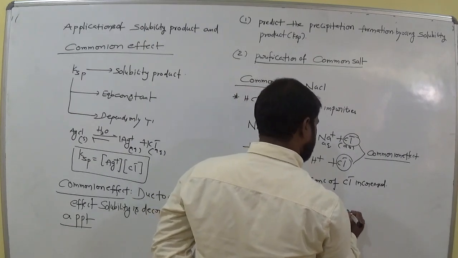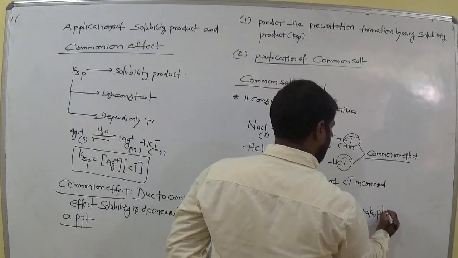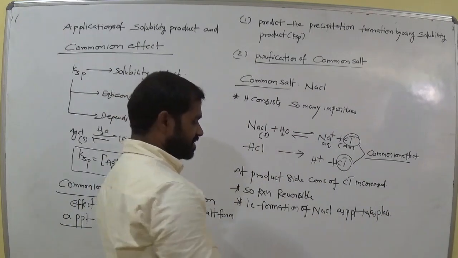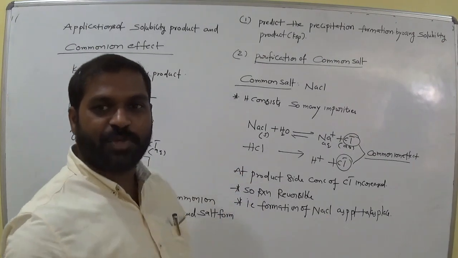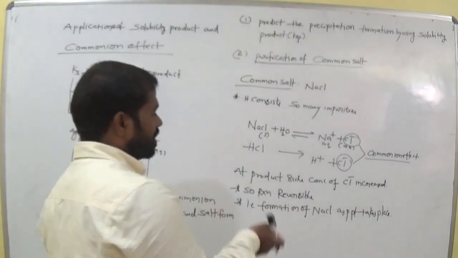NaCl as precipitation takes place. Is that clear? So precipitation means it purifies as crystals here. Okay. In this way we can purify the common salt.